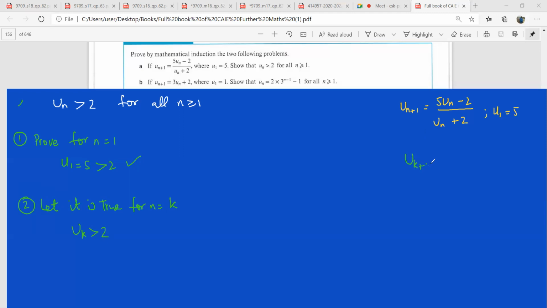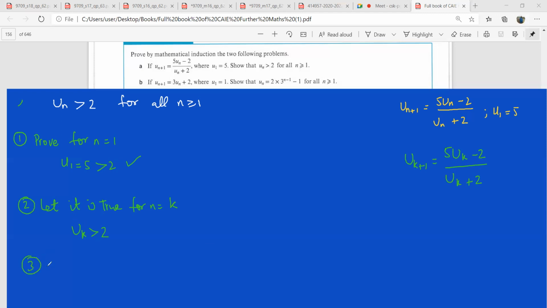This is uk plus 1 equals 5uk minus 2 over uk plus 2. We have assumed that this is true for n equal to k.